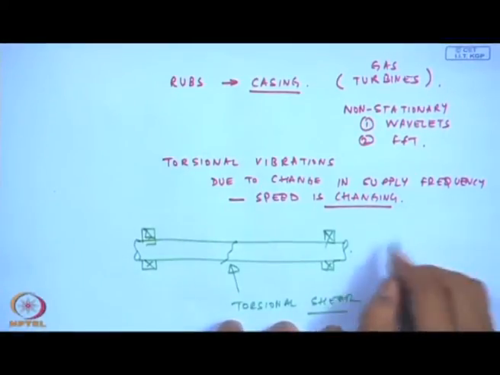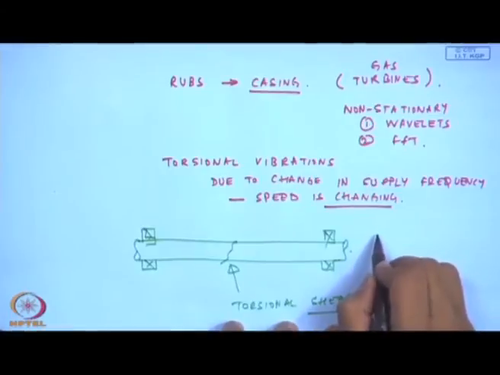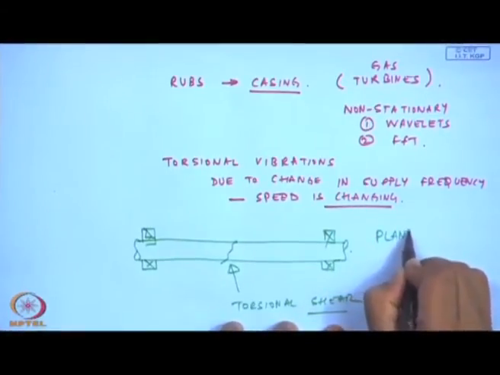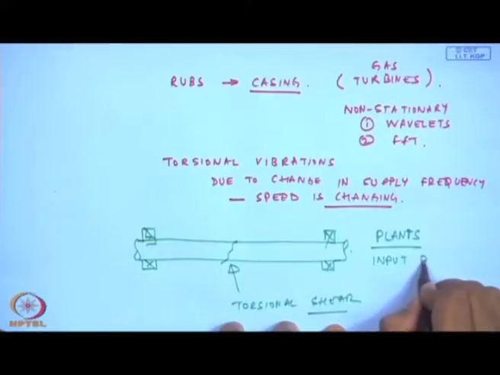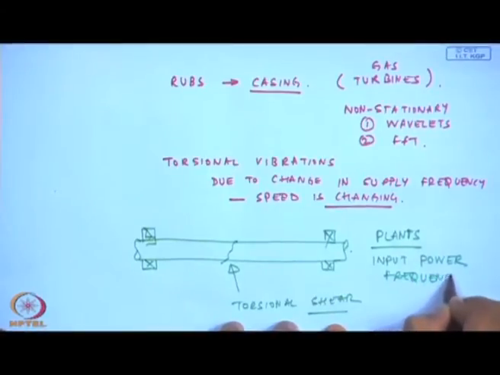So, many times in many plants, input power frequency, at least in India, has to be maintained constant at 50 hertz, because of the load, poor power generation.